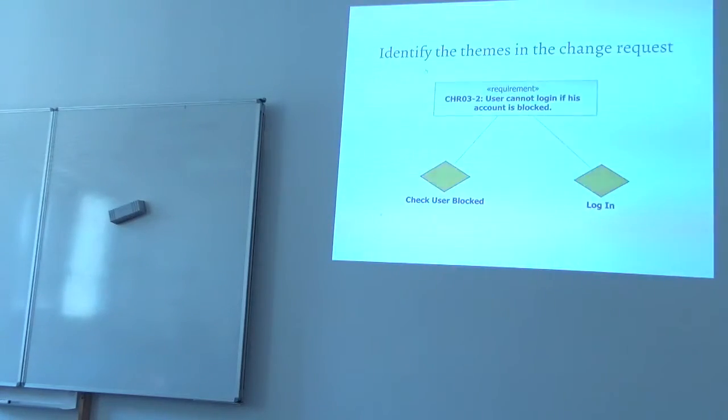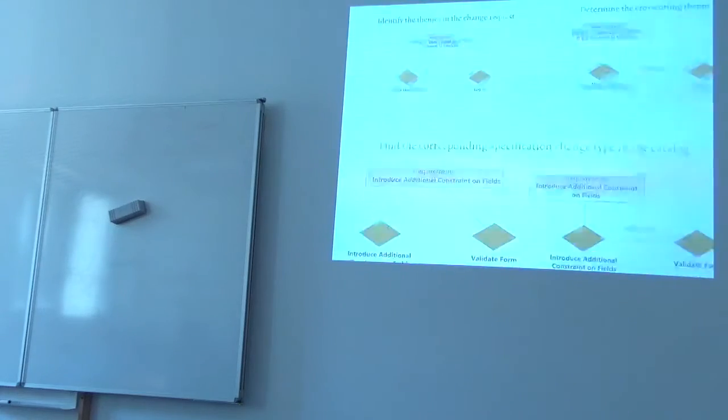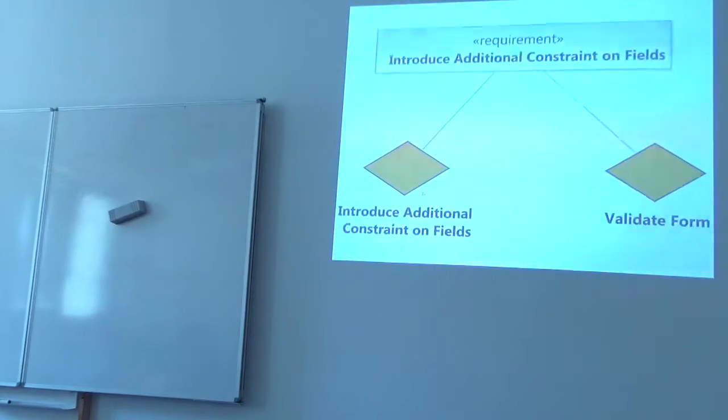So here you have this user cannot log in if his or her account is blocked, while here you have introduce additional constraint on fields. And imagining what you actually need to do, okay, yes, really I do need to introduce some additional constraint on fields in order to implement this.